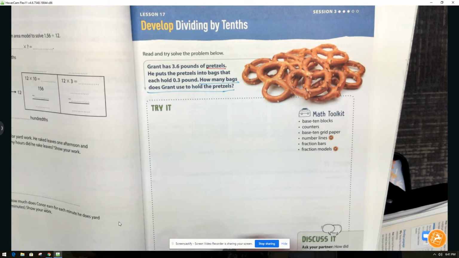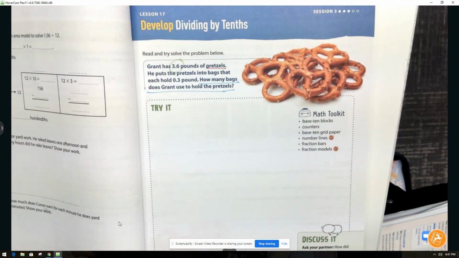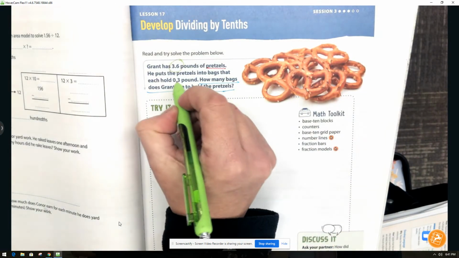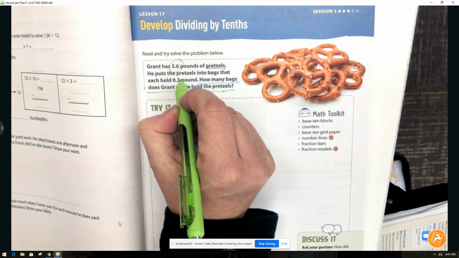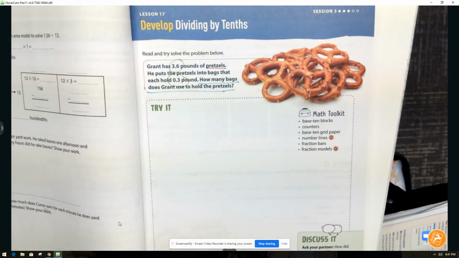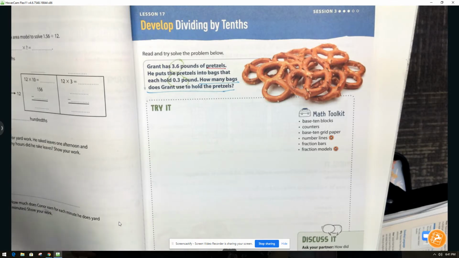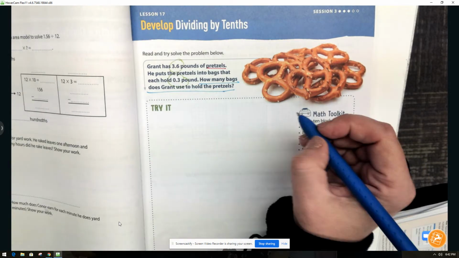And the information that we're given that helps us solve this problem is that we know that Grant has 3 6/10 pounds of pretzels, and each of the bags of pretzels holds 3/10 of a pound of pretzels. So now we need to figure out how many bags we need, because these pretzels need to go inside of a bag. So to do that, we're going to look at the problem like this.